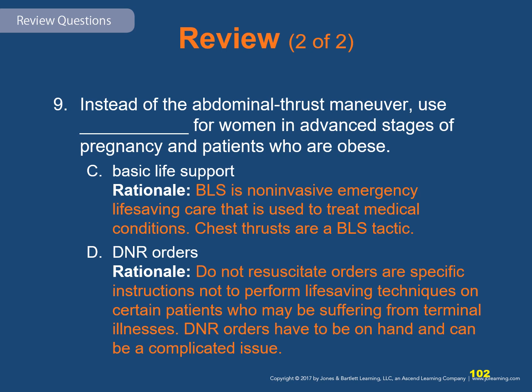Chest thrusts are a BLS tactic. DNR orders. Rationale. Do not resuscitate orders are specific instructions not to perform life-saving techniques on certain patients who may be suffering from terminal illnesses. DNR orders have to be on hand and can be complicated issues.